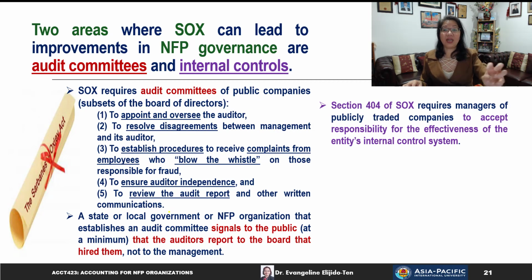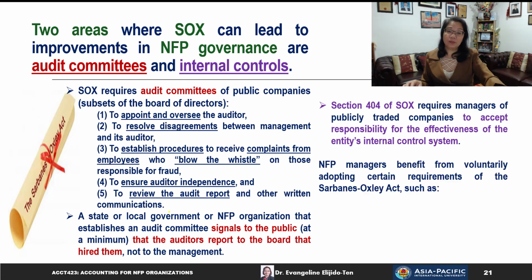So because it's the managers that are held responsible for the effectiveness of the internal control system, it actually drives the managers to ensure that there is, firstly, an internal control system in place, and secondly, that this internal control system is effective.